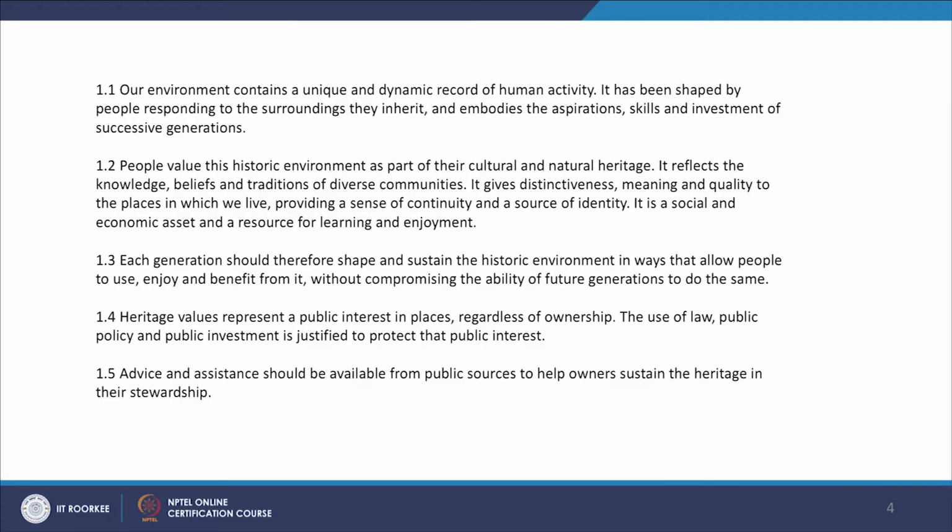The second thing we talk about with a shared resource is that people value the historic environment as a part of their cultural and natural heritage. For instance, just a few days before, I visited Pulicat Lake, one of the important water resources near Chennai.